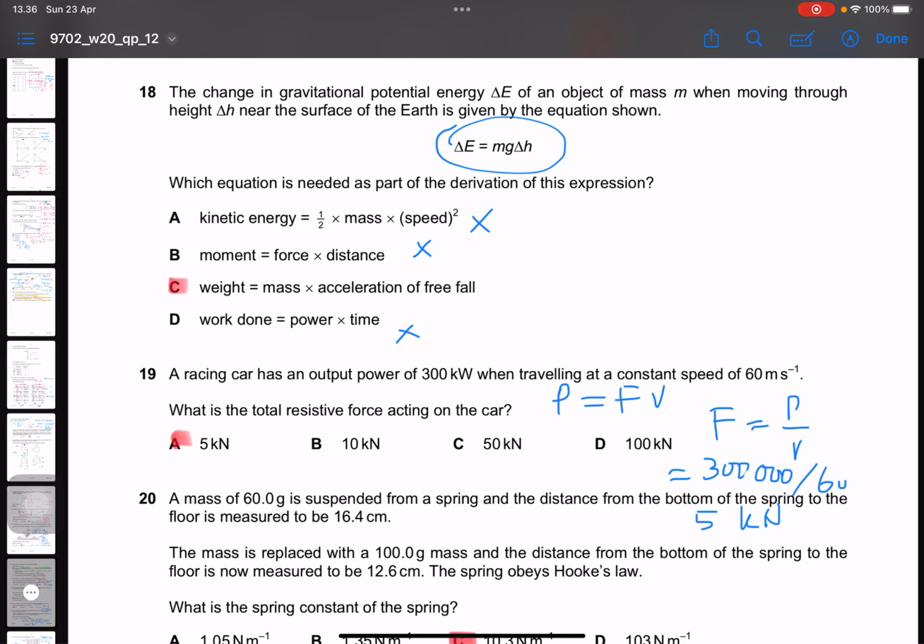All the relationships and equations are correct, but the question is which equation is needed as part of the derivation of the expression. This is force as mass times acceleration of free fall, not moment, not kinetic energy, and also not work done, because this is conservation of energy.